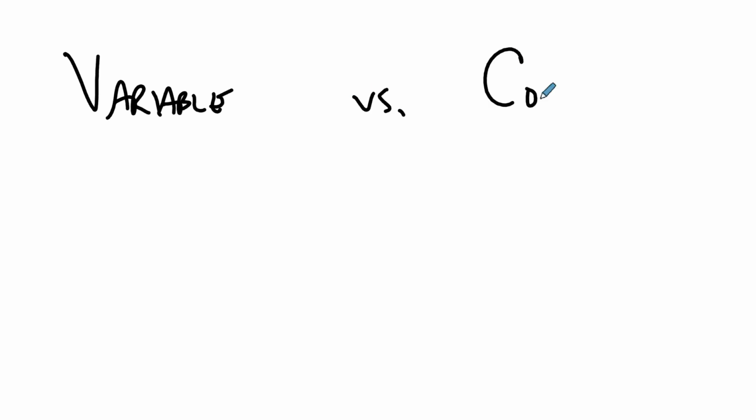If we're going to talk about variables, we should probably distinguish variables from something that is not a variable. So let's talk about what a variable is by contrasting it with something like a constant.